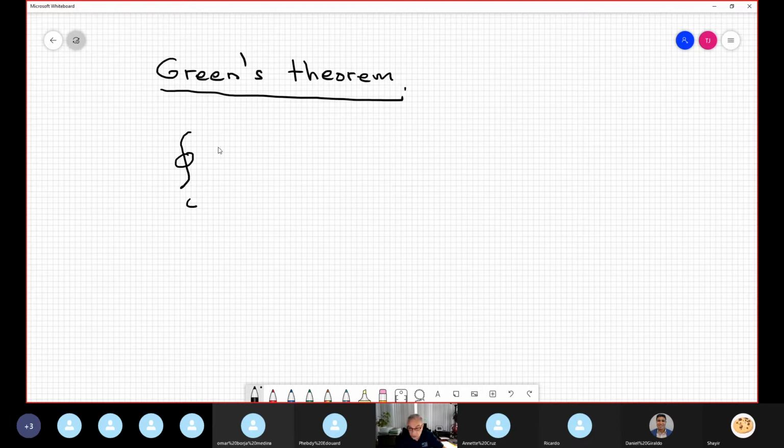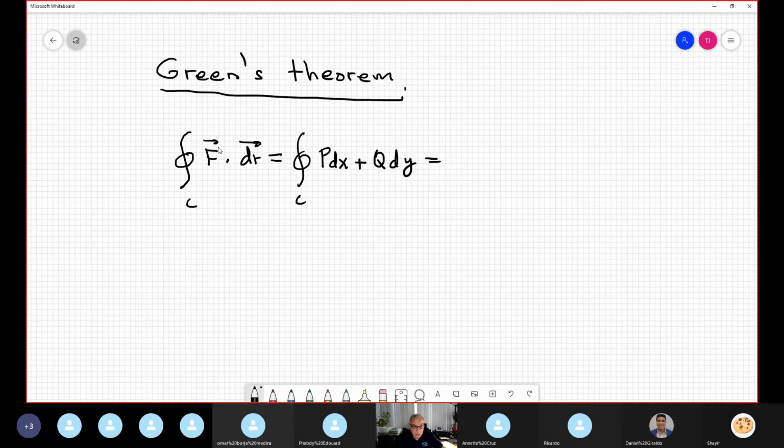See, it's not open. It's only for the closed curve. For example, of one vector field F dot dr. Okay, by the way, you know that we can write this line integral in that way: P dx plus Q dy.